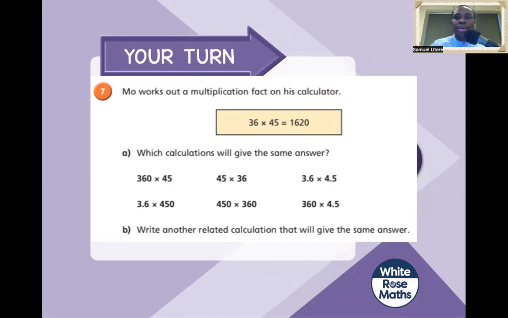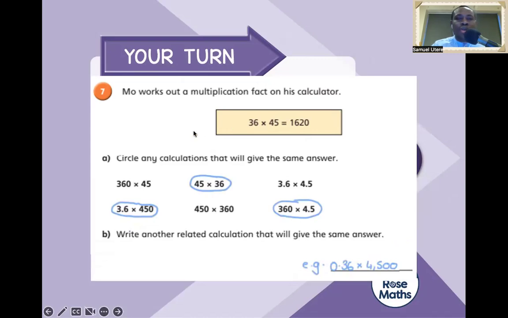Assuming you've paused the video and you've answered question 7, here are the answers. Let's discuss them. For question 7, you were asked to work out the multiplication facts on a calculator. So Mo works out this multiplication fact on his calculator, and you were asked to circle any calculation that will give the same answer.